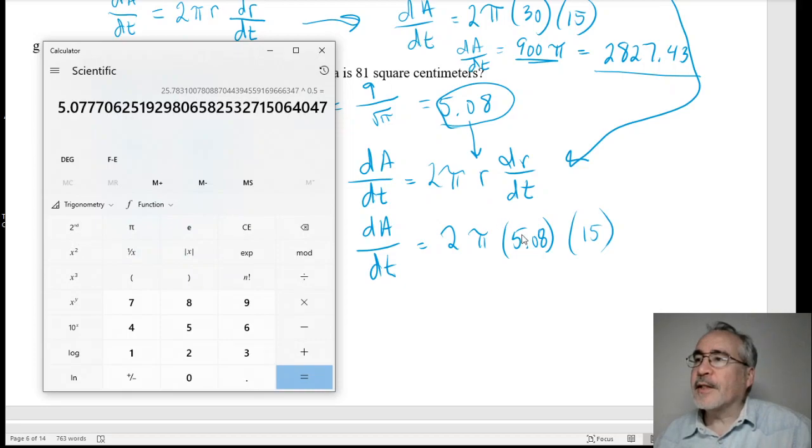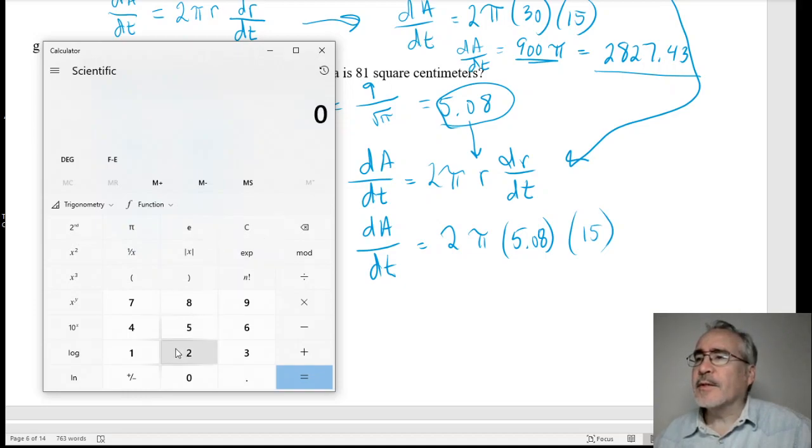Suppose we could have left the square root of pi, but we'll do 2 times 5.08 times 15.